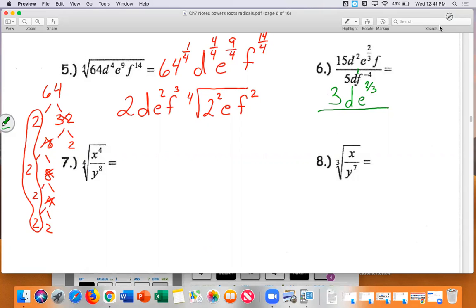Now let's look at F. We have 1 minus -4. Minus a negative means what, Jake? Minus a negative is a positive. So 1 plus 4 is 5. So that's my answer. So 3, D, E to the 2/3, F to the 5th.